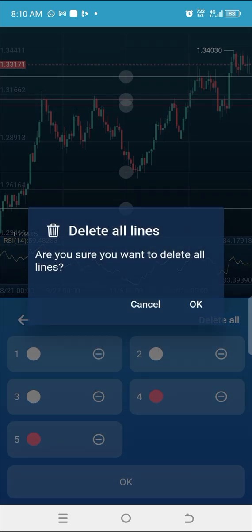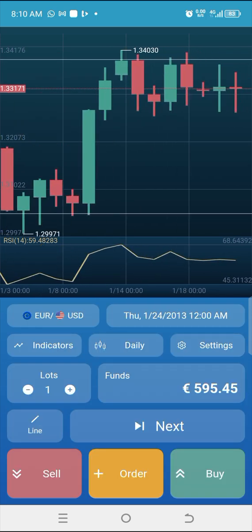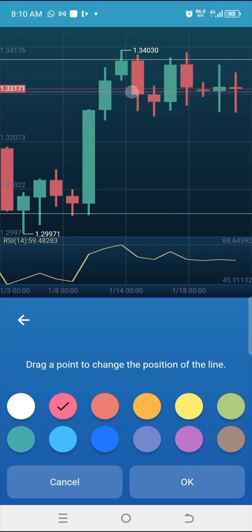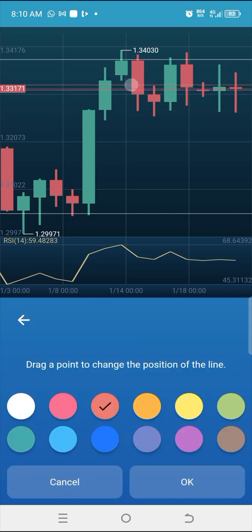Okay. Let's remove all these lines and create new ones. So this is the low, higher low, higher high. Let's zoom in. I'm going to mark that one as well. It's a bit clearer for me.